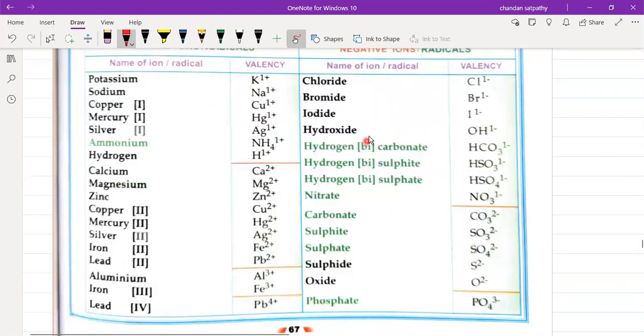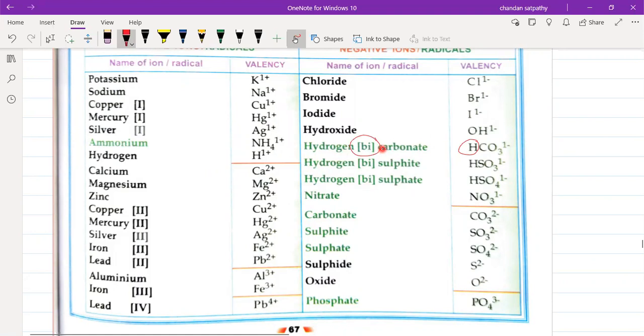Now remember, whenever there is a bi, there will be an H. See, hydrogen bicarbonate, so HCO3. Hydrogen carbonate can also be called bicarbonate. Hydrogen sulfide can also be called bisulfide. Hydrogen sulfate can also be called bisulfate. So in place of hydrogen, we can add a bi.